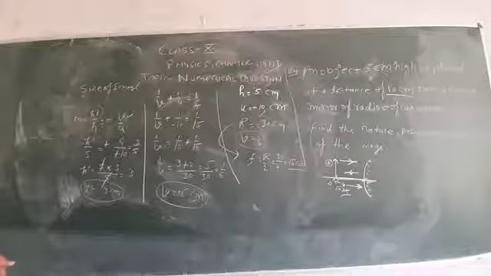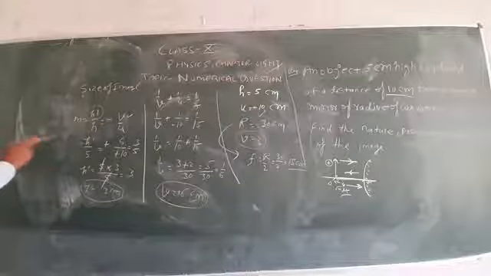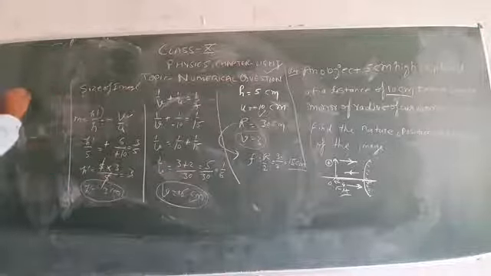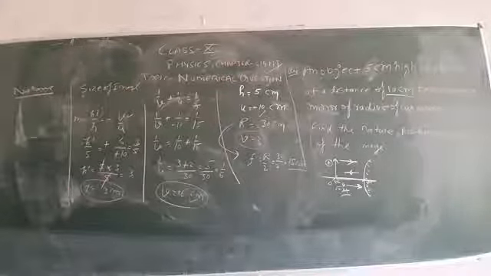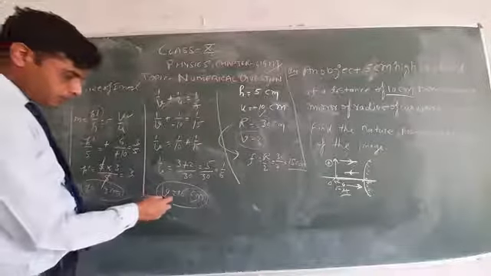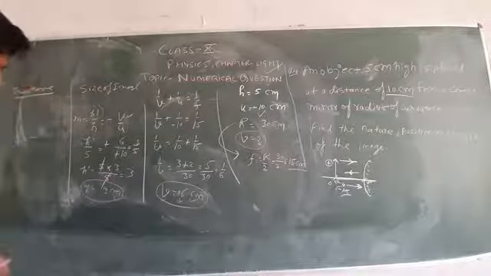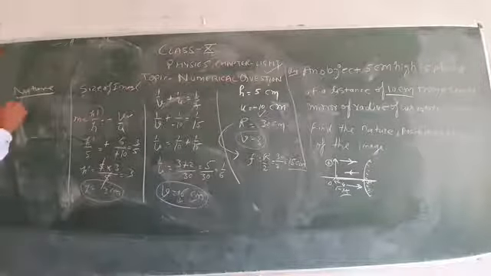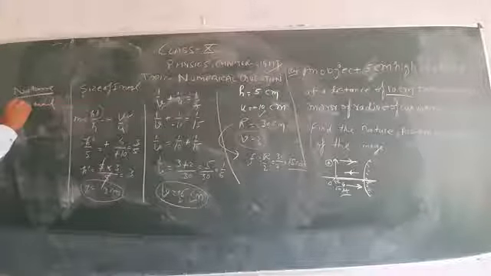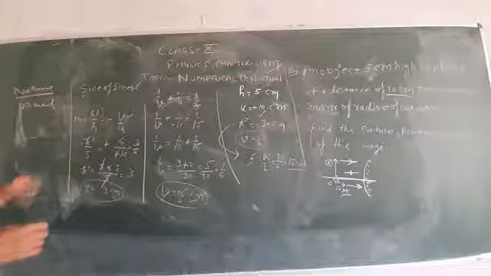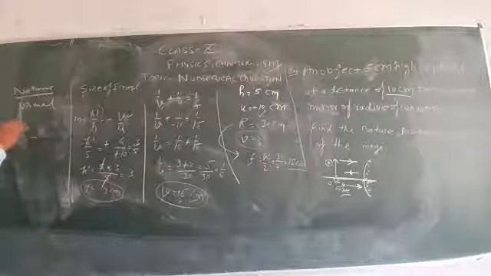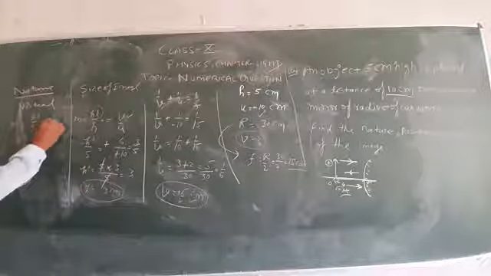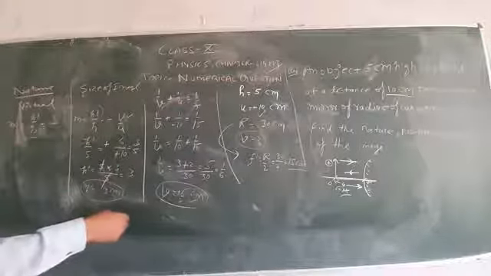Now we have to discuss the nature of image. You can see v is positive. It means image is placed behind the mirror. So behind the mirror means image is virtual. And the value of m, you can find m equal to h dash upon h. So h dash is 3 and h is 5.